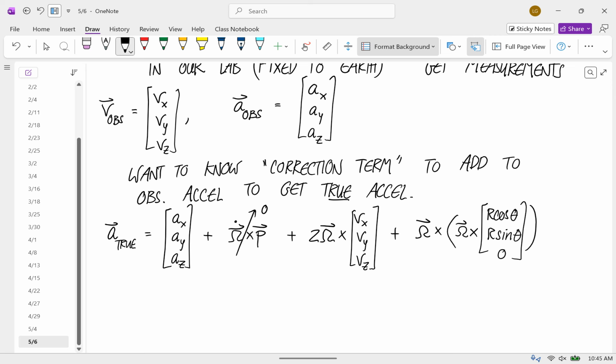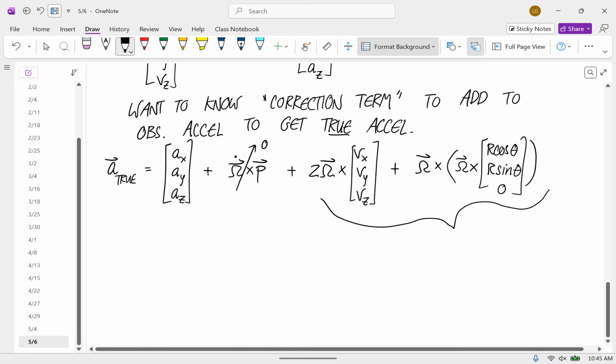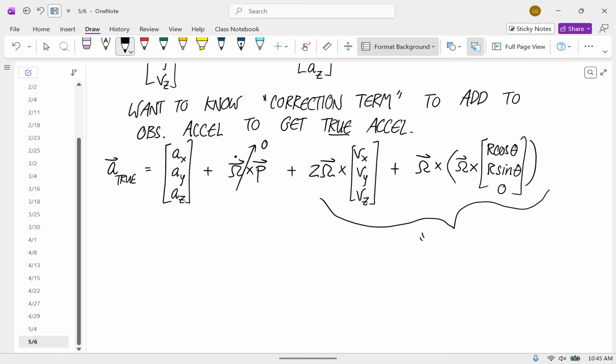And then we can fill in some of these values. But what we're trying to find is this stuff that we have to add to the observed acceleration to give us the true acceleration. So this is our correction term.